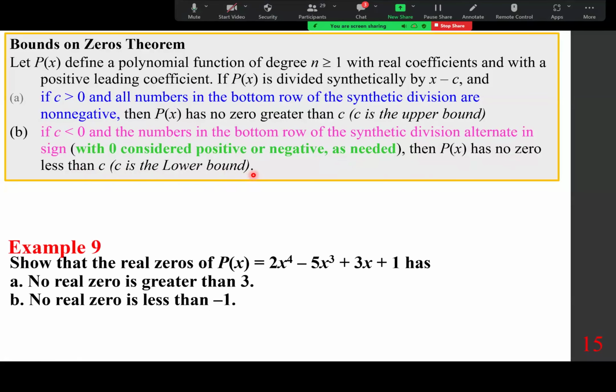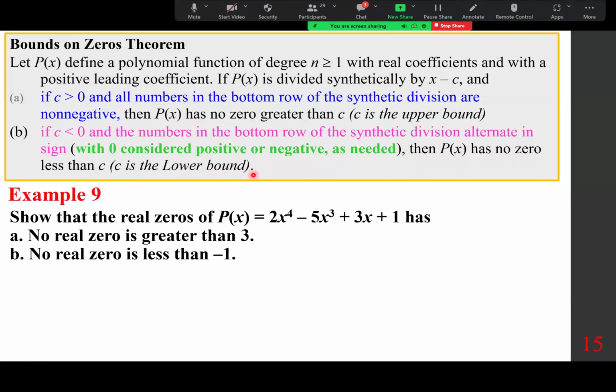What do we mean by that? Example. Show that the real zeros of P of x equals 2x to the power of 4 minus 5x cubed plus 3x plus 1 has no real 0 that is greater than number 3.